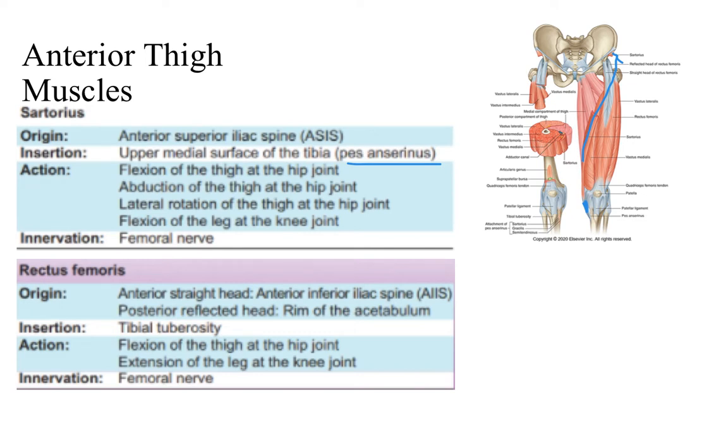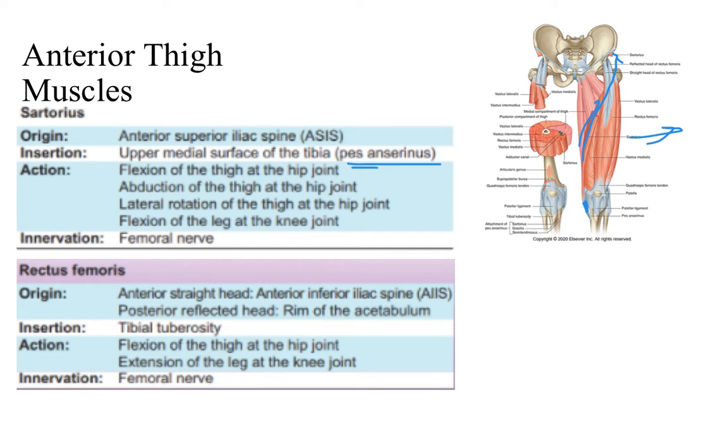And so the sartorius muscle, since it goes at this oblique angle, it's going to have several functions. If you think of it contracting, it's going to flex the thigh at the hip joint, so be involved in hip flexion. Abduction of the thigh at the hip joint, because it's going to move the thigh away. Lateral rotation of the thigh at the hip joint.